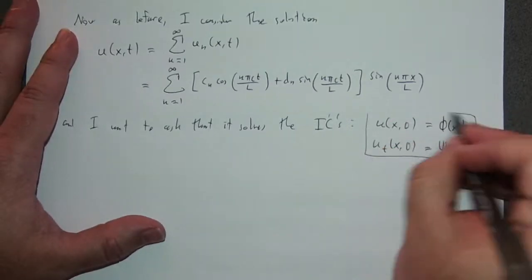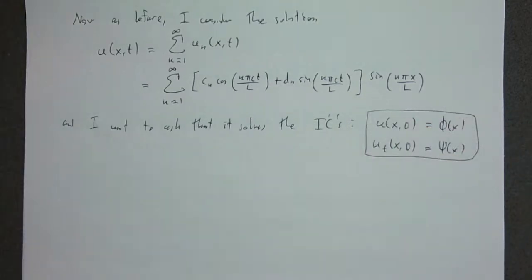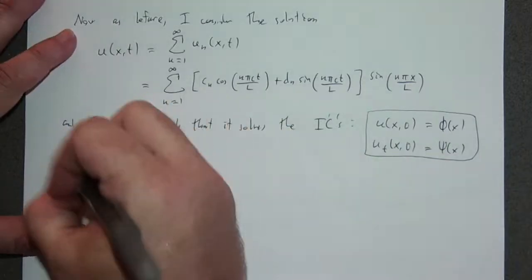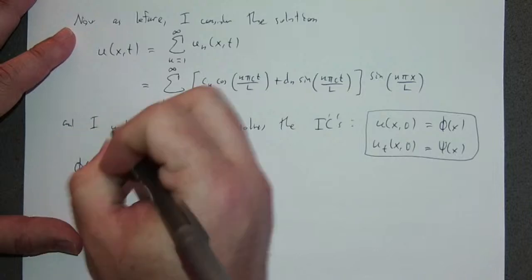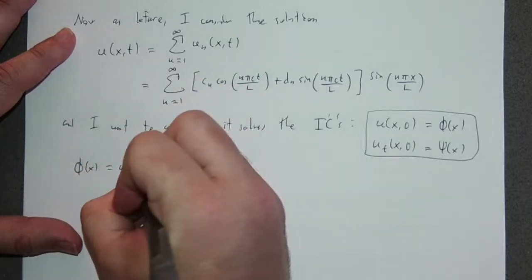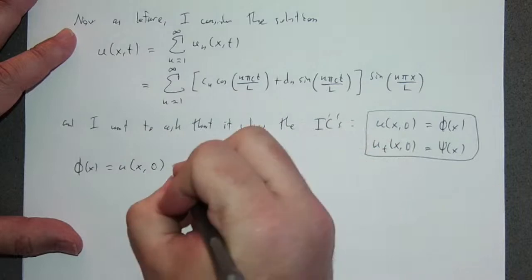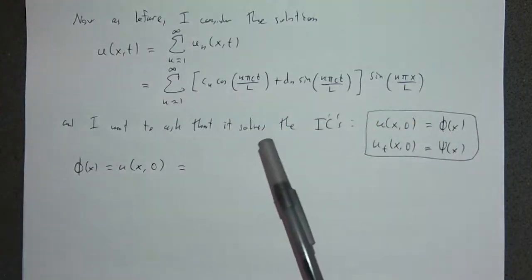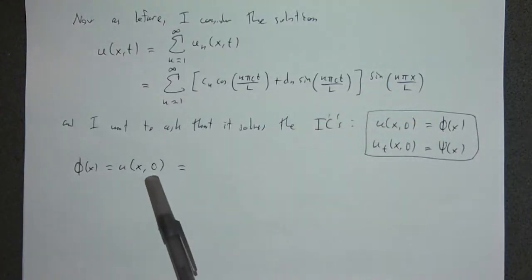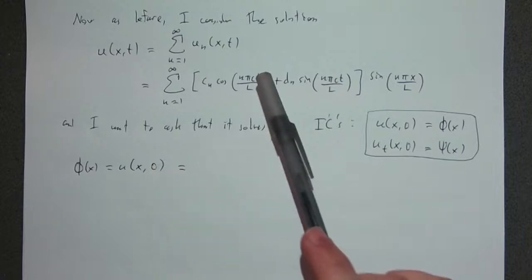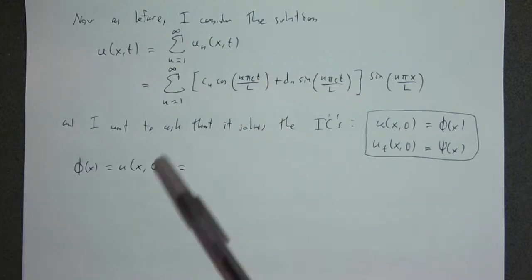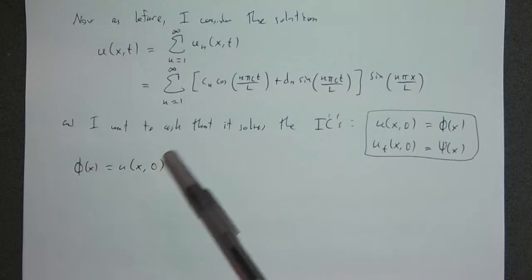So let's impose the first initial condition first, right? So phi of x is going to be equal to u of x, 0. Plugging in t equals 0 here, what do I get?